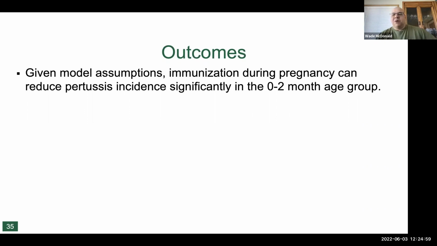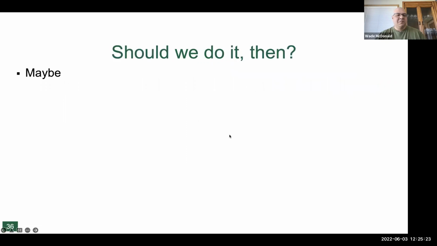Now, it's worth mentioning that this is looking only at the epidemiology of the situation. There's certainly much going on within the body, and our model doesn't simulate that. So it's certainly not exhaustive, but it suggests that focusing on this group may be a viable intervention. So should we do it?